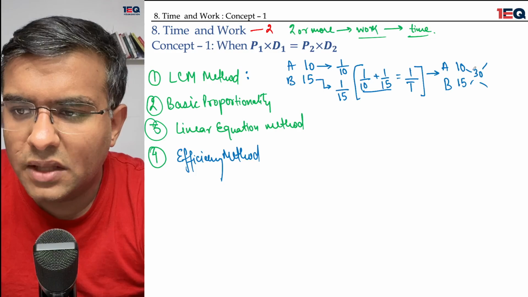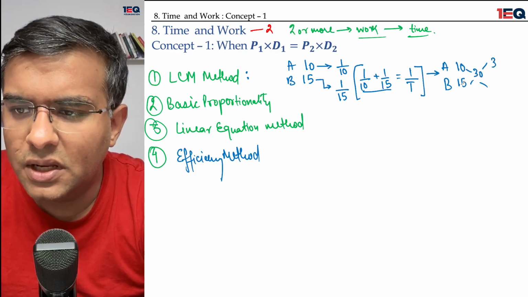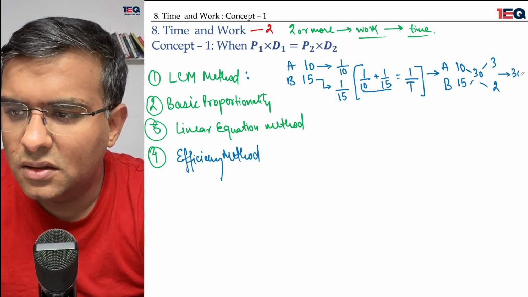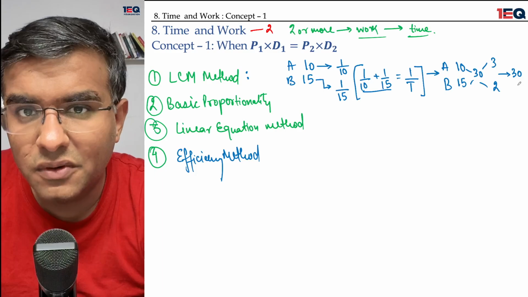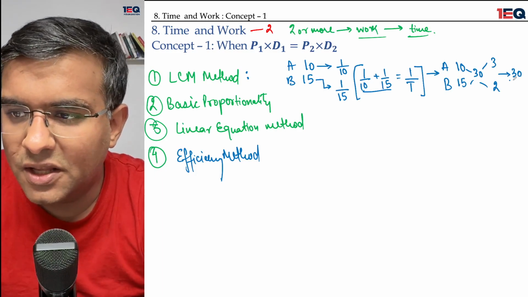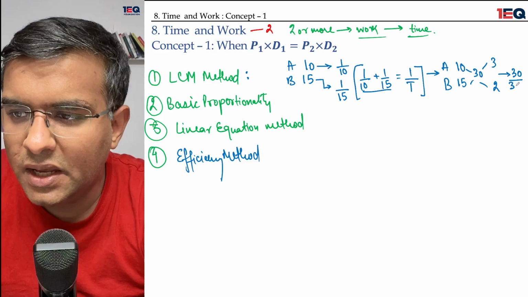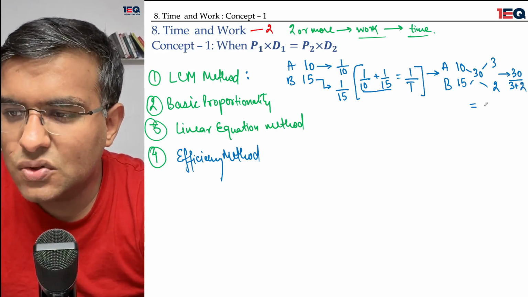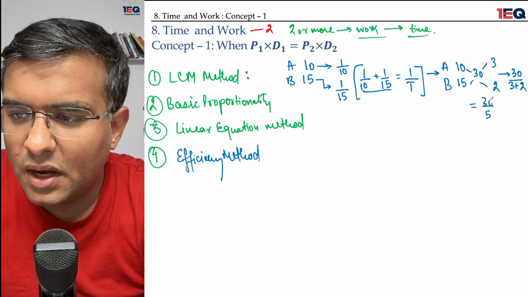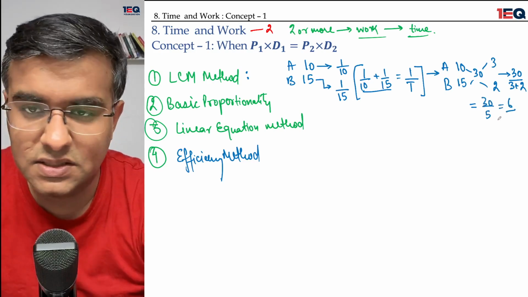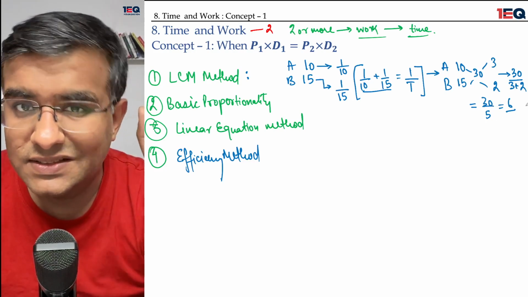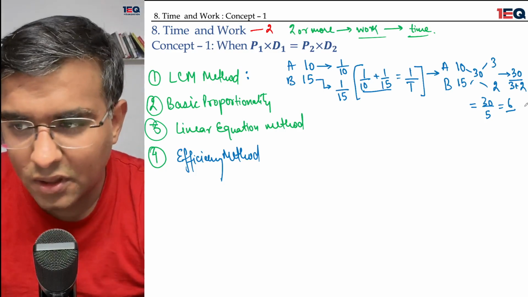Then 30 upon 10 is equal to 3 and 30 upon 15 is 2. So I can clearly say that the total work is equal to 30 units, and it's going to be finished with the help of 3 and 2 efficiencies. These 3 plus 2 make 5, and 30 upon 5 is nothing but 6. So the total work is going to get finished in 6 days, right?